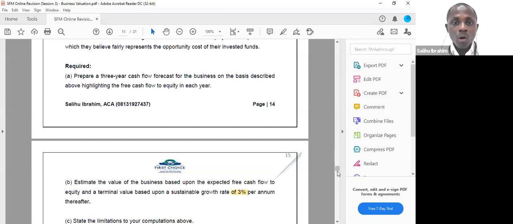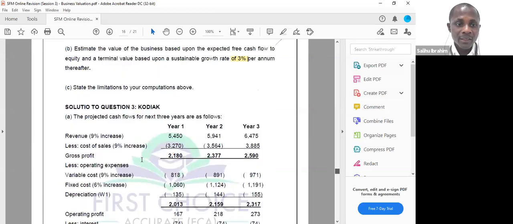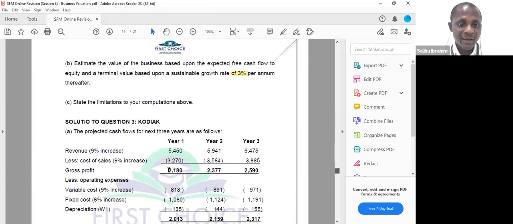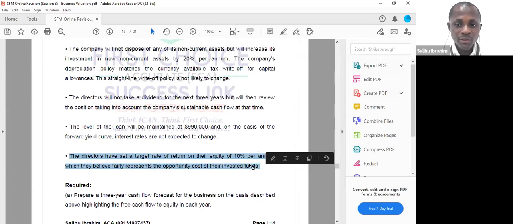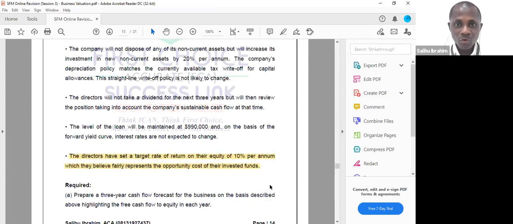So the question also gives us our cost of equity, the one I explained yesterday. I dwelled more on this yesterday, differentiating between return on equity and cost of equity, right? So our cost of equity here is 10%, and our growth rate after year 3 is 3%.